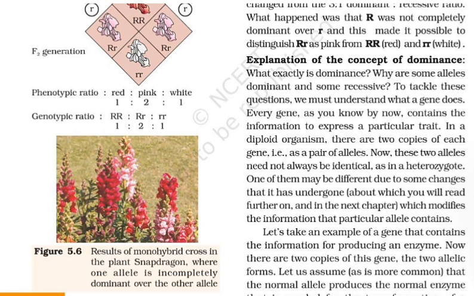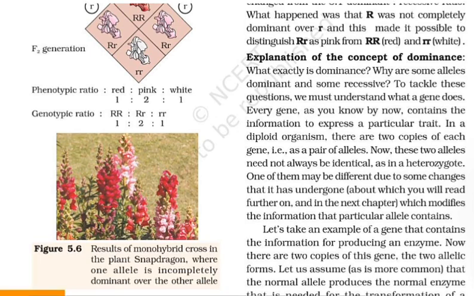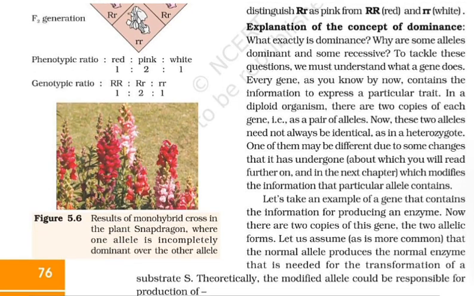In a diploid organism, there are two copies of each gene, that is, a pair of alleles. Now, these two alleles need not always be identical, as in a heterozygote.